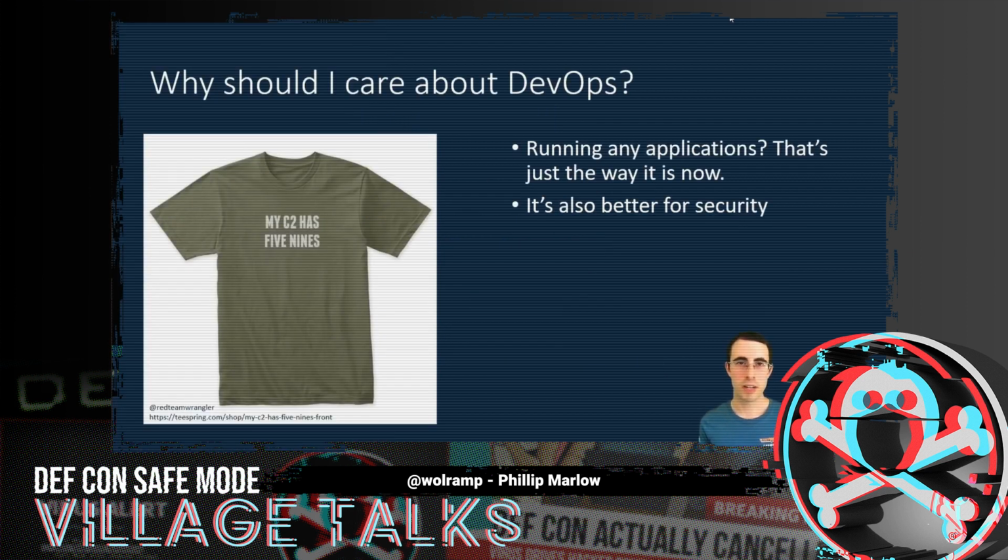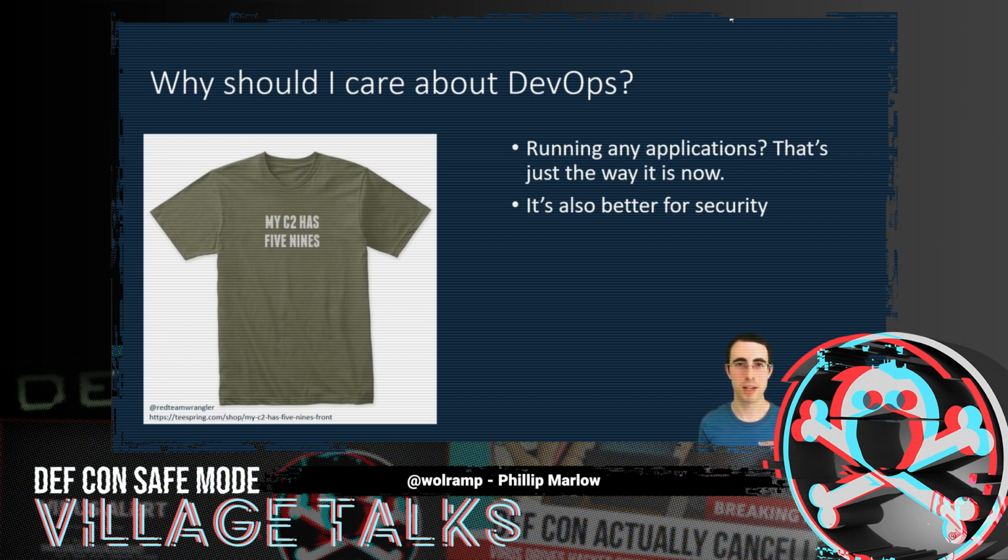So if you're not already on board, why should I care about DevOps? Well, for one, you probably don't have any choice. If you're running any kind of application, that's the way it is now. You probably just need to learn about it. If you're a red team standing up command and control infrastructure, it helps to have DevOps.